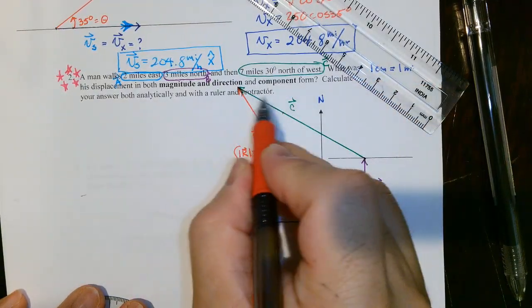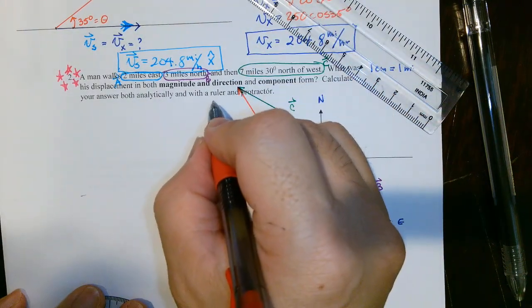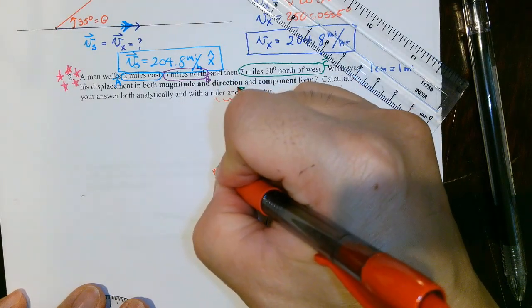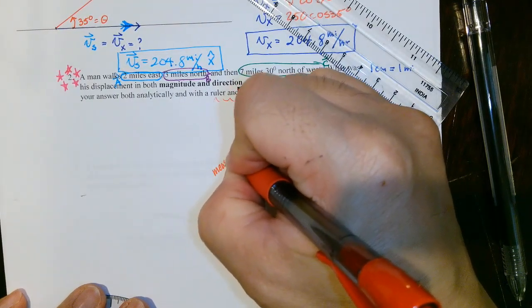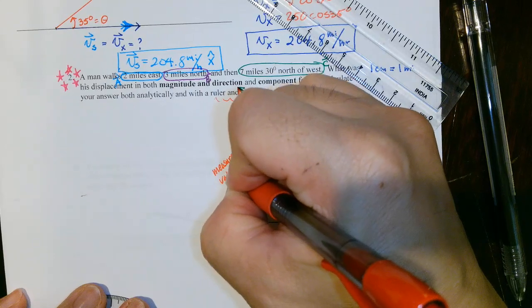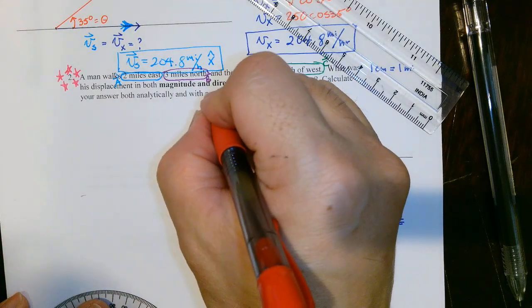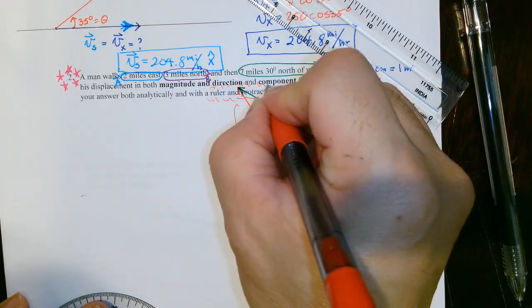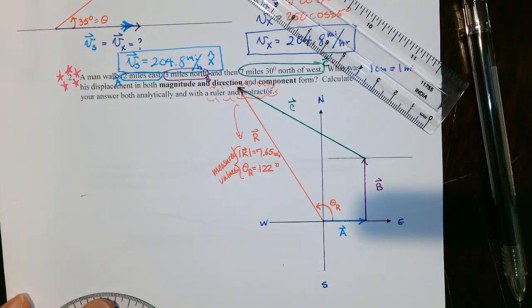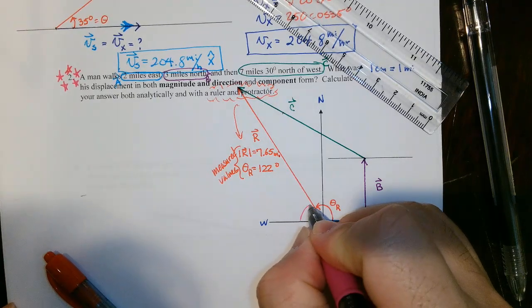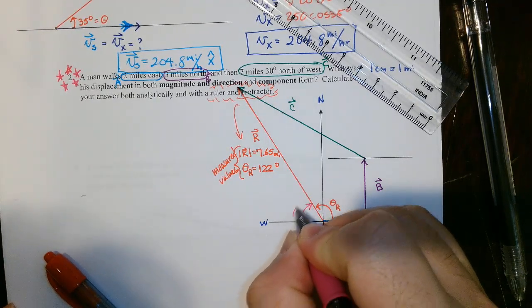So here, the ruler and protractor right here. So these are measured. This will be the angle beta, I guess. Right, this will be the angle beta.